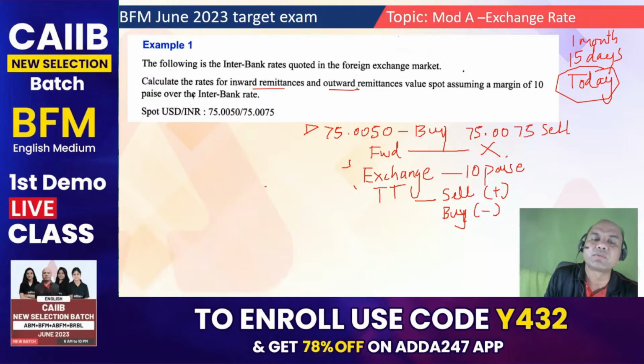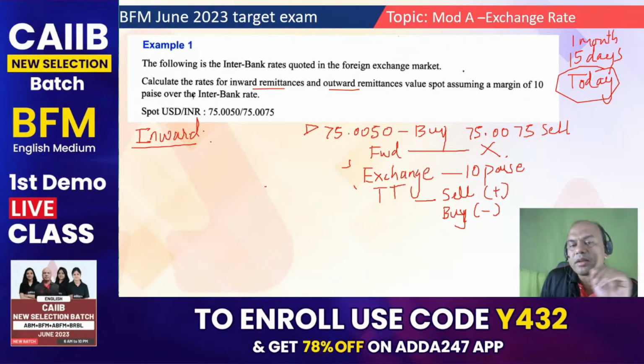What is inward remittance? When do I have inward remittance? Whenever I'm selling something, when do I get money? When you work in the bank, you give out something, then something comes in.